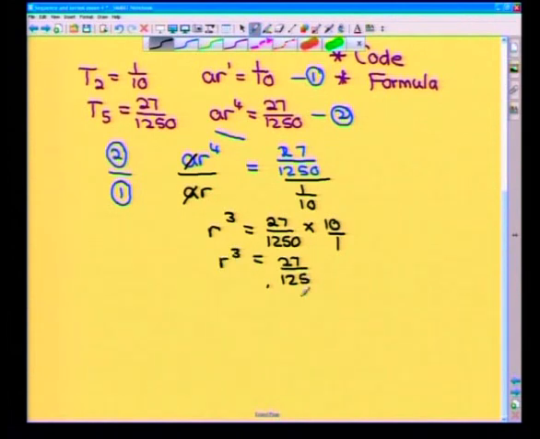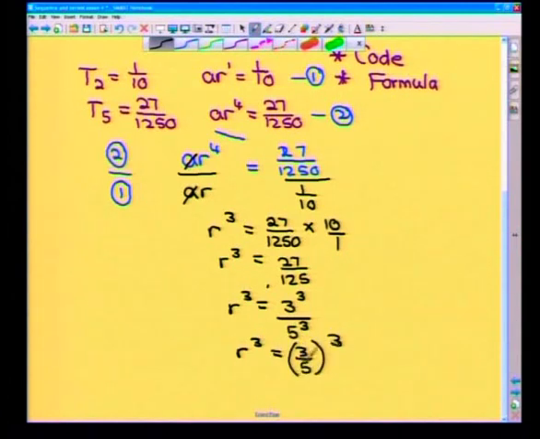Now, we can again use our calculator to get that answer out, but I'm going to be good again and use exponents, because it's always good to revise some of the stuff. So in order to solve this, I need to have this to a power 3 and this to a power 3. 27 is 3 cubed, and 125 is 5 cubed. So r cubed is equal to 3/5 all cubed.